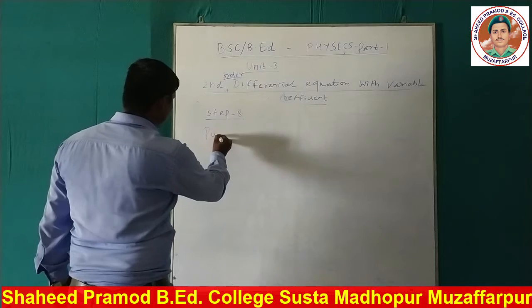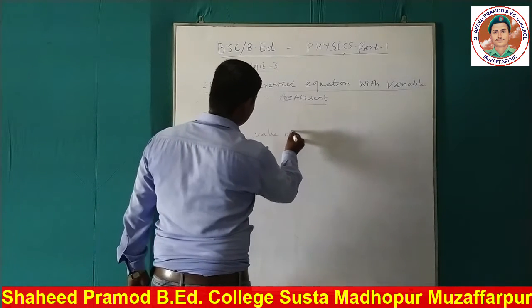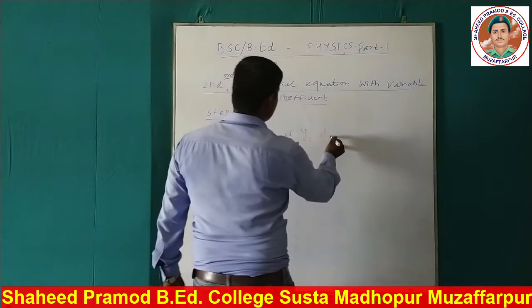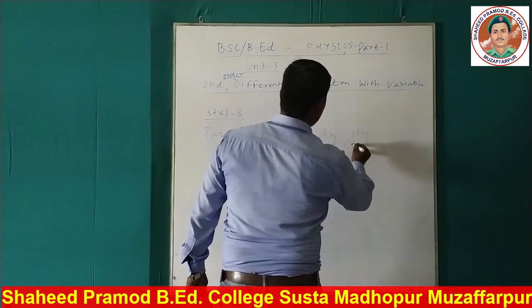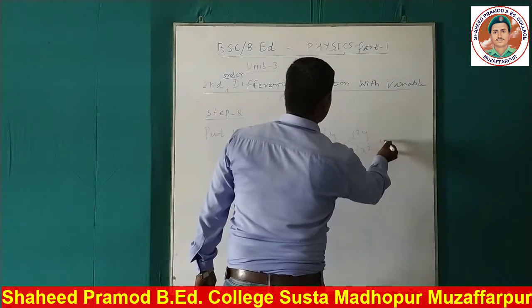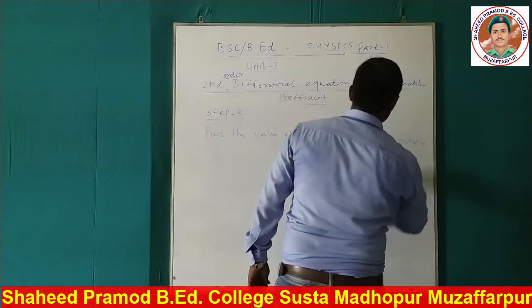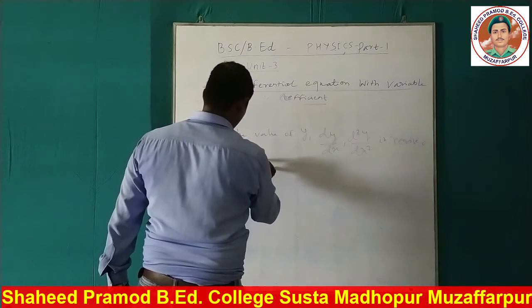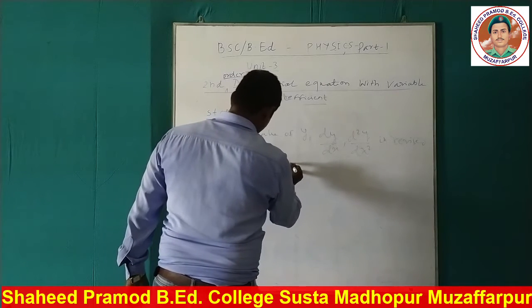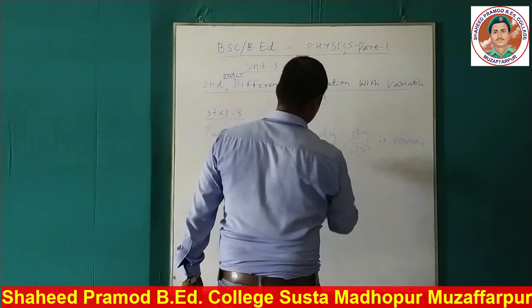Put the value of y, dy upon dx, that is first differentiation, d2y upon dx square in revised standard form converted in bracket equation.